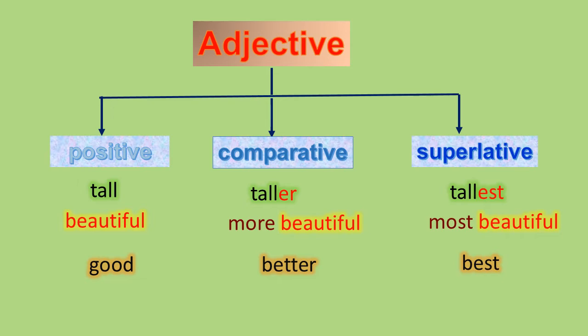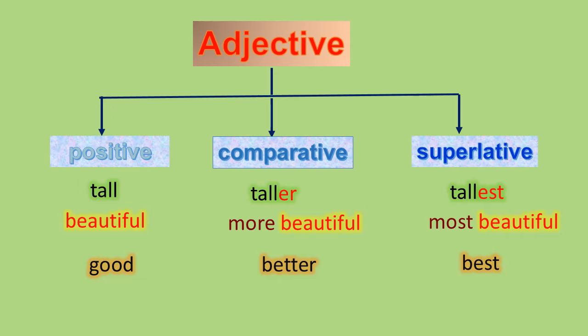There are two ways that you can change the positive adjective to the comparative and superlative form. One way is adding suffixes, er, est. We already discussed it. Example, tall, taller, tallest. The other way is adding more and most. When the word has more letters, it is not easy to use suffixes. So we follow this method.